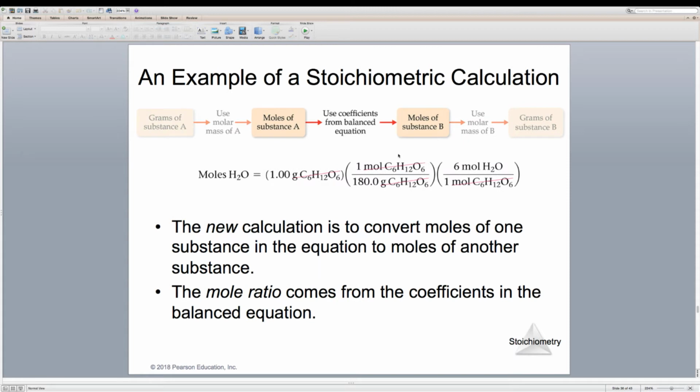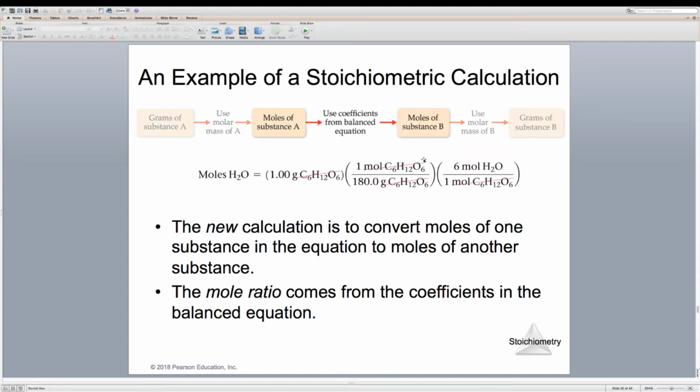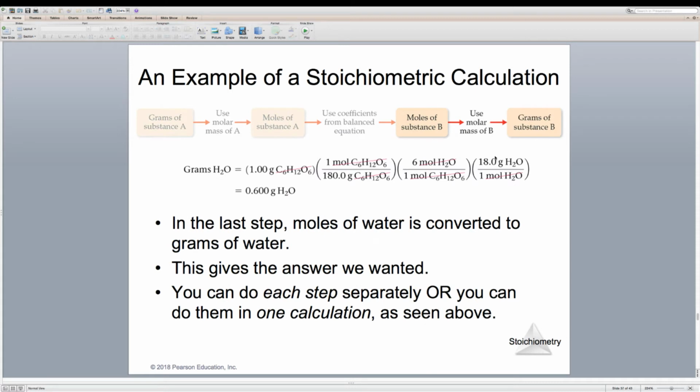They've converted that to moles. They've then used the mole to mole ratio in the balanced chemical equation here, right? 6 to 1. That we get 6 moles of water per 1, and then we can use the molar mass of water, 18 grams for every 1. This gives the answer, and they've done this step by step by step.